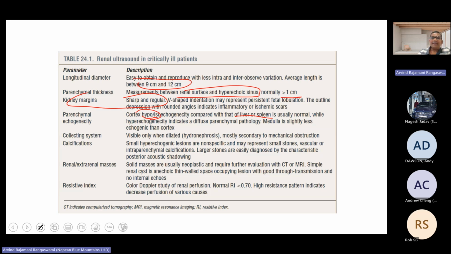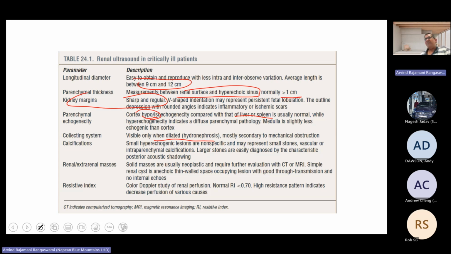The collecting system should not be seen at all in physiology. However, whenever you can see it well, that means that the patient is starting to have hydronephrosis, typically because of an obstructive uropathy. You can sometimes have it due to other reasons, which Drew might be able to say as the acute physician in the house.